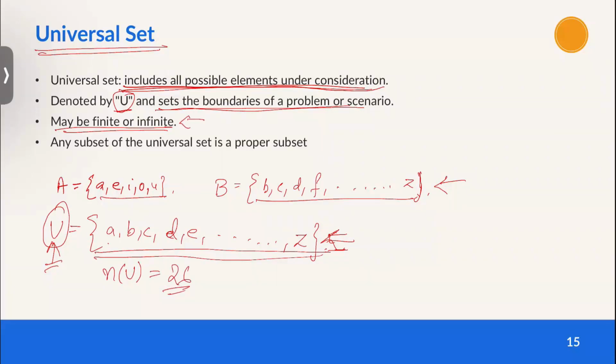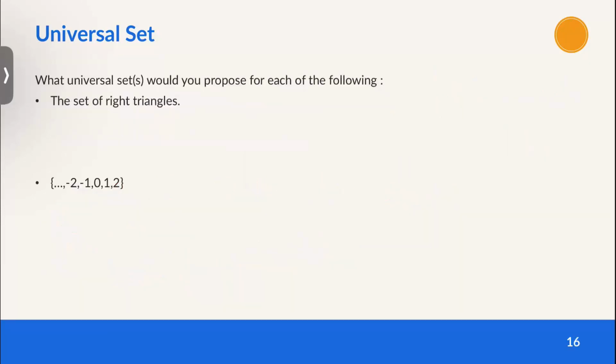One example of a universal set that is infinite is the real numbers. Suppose we have a set A equal to 1, 2, 3, 4, and 5. We can have a universal set as the set of all real numbers. Or in this case, we can also have U as the integers, so these are all integers, 1, 2, 3, 4, 5.